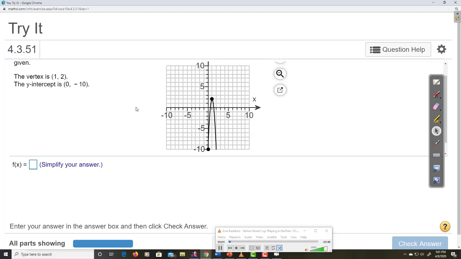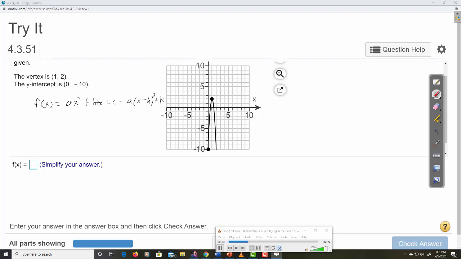Well, from this, we're building a quadratic function, so the first thing you need to ask yourself is, what does the formula of a quadratic function look like? If it were a line, we'd say f of x equals mx plus b, but it's not. That's a linear function. A quadratic function looks like this: ax squared plus bx plus c, or the vertex form, a times x minus h squared plus k.